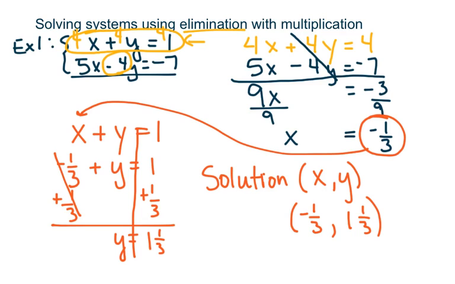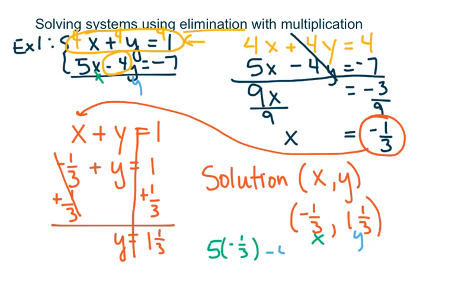I can check this by plugging the x value in for the x value here. So I would get 5 times negative 1/3, and I would plug my y value in for the y here.